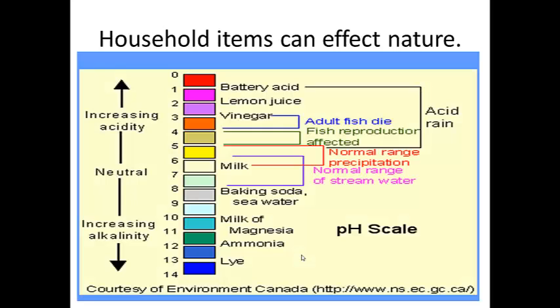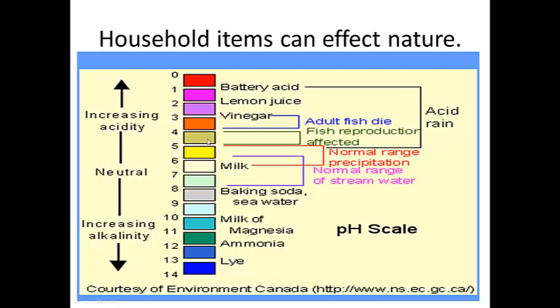Okay, so these are household items that can affect nature, meaning when we flush these down our toilets or throw them out the window or use them to wash our hair, they can affect the nature around us, like the soil and the water and the runoff that can lead to local water beds. So, increasing acidity, remember that's at 1, and then increasing alkalinity, which is hydroxide ions, is up to 14.